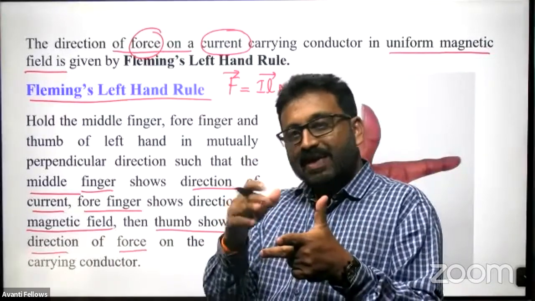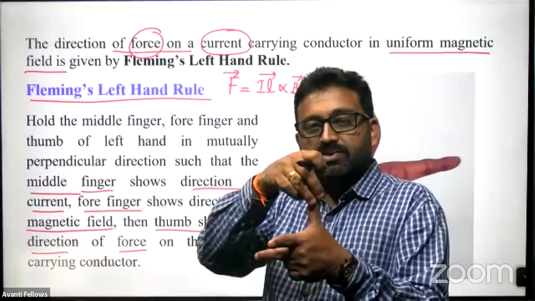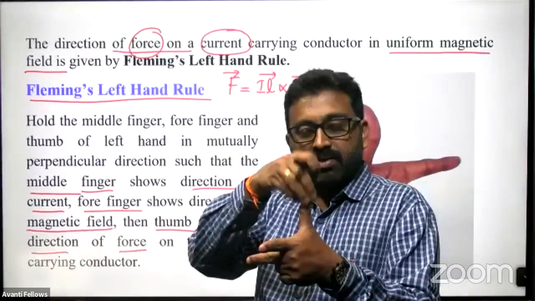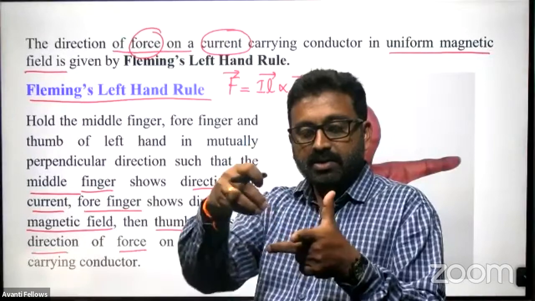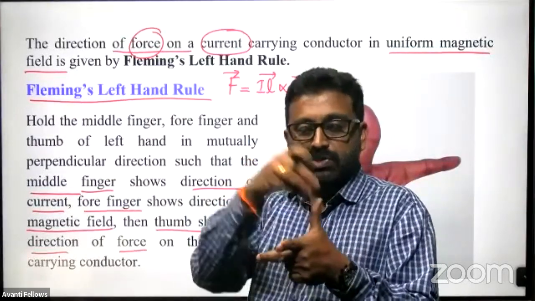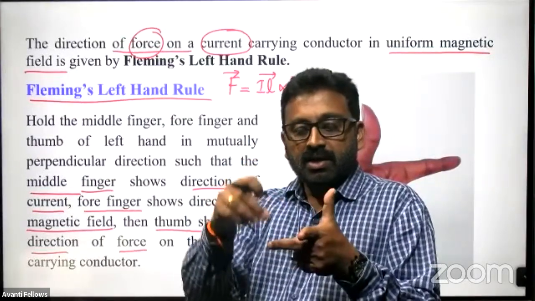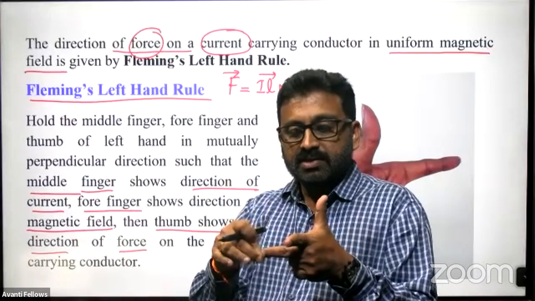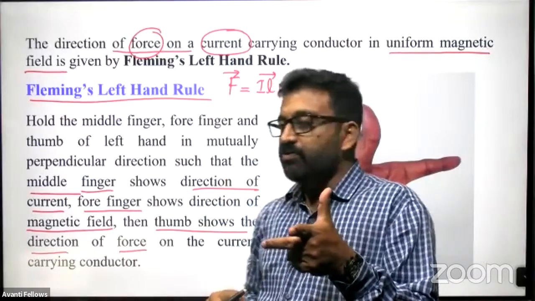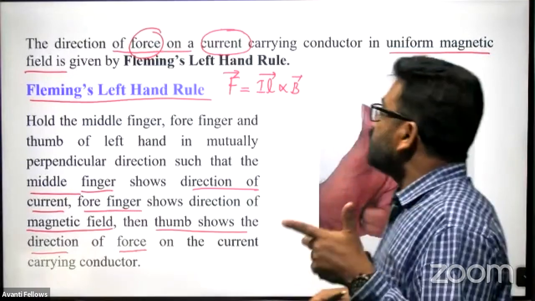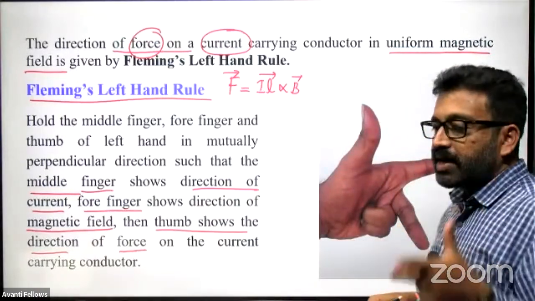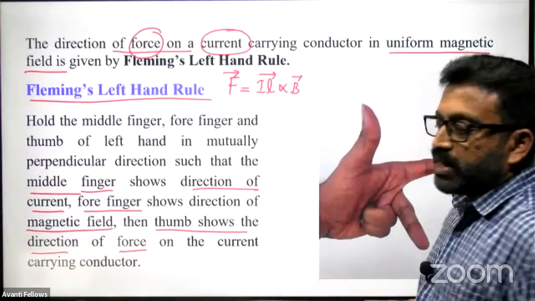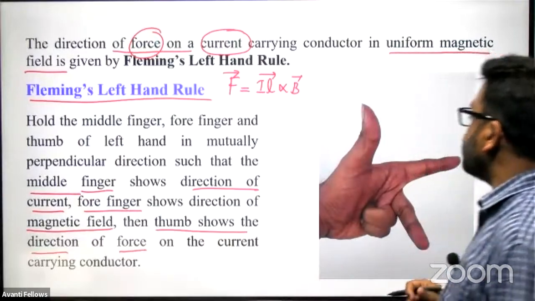So normally this FBI regulates the world. So on top, F here, B here, I here. F is force, B is magnetic field, I is the current. Clear? So that is Fleming's left hand rule for the force experienced by a current carrying conductor placed in a magnetic field. It's very simple.